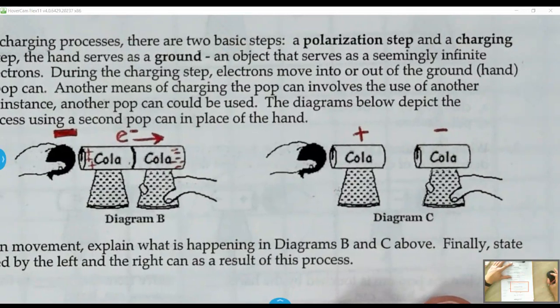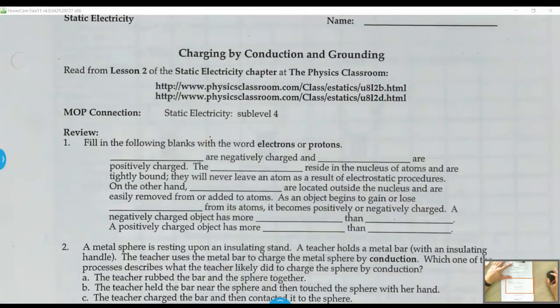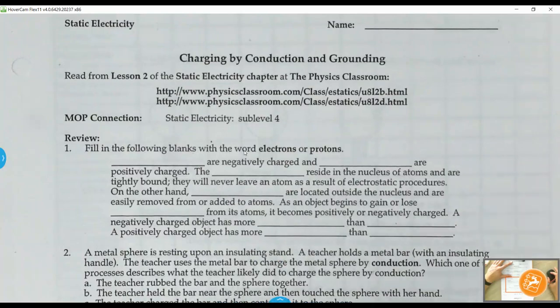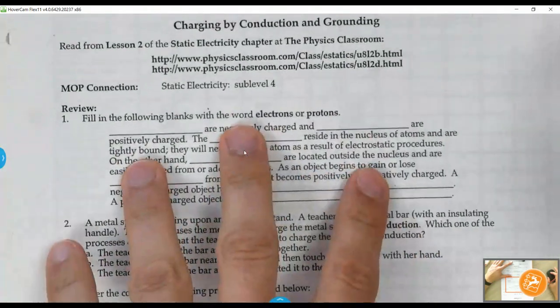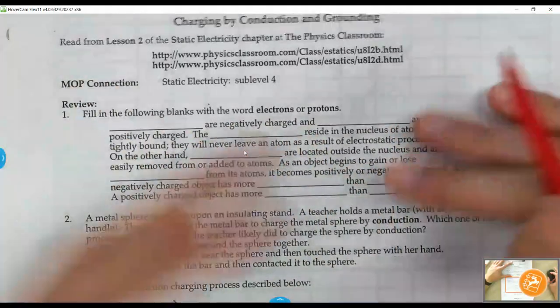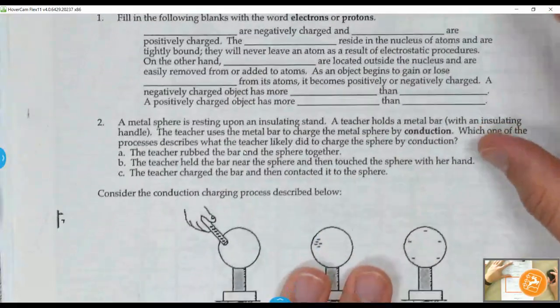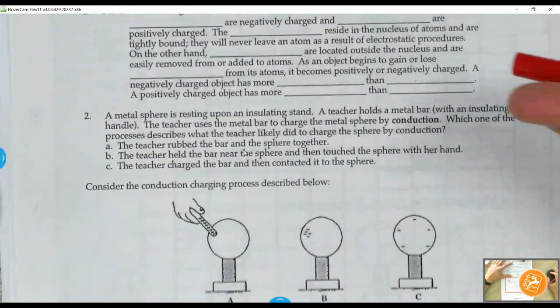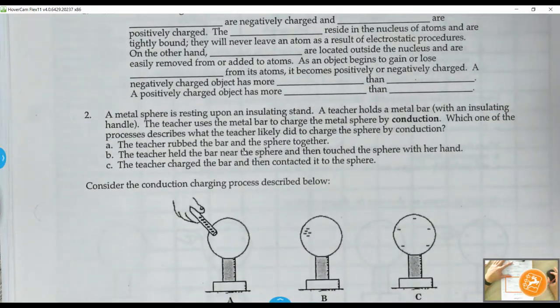And now we're going to look at conduction. So here is our charging by conduction and grounding. Same thing as the worksheet prior: electrons, protons. Still same rules. Negative charges are attracted to what?